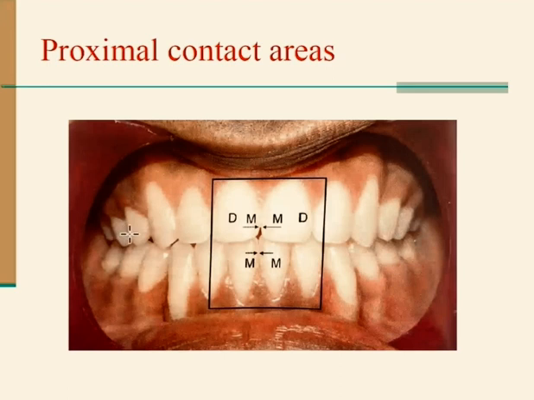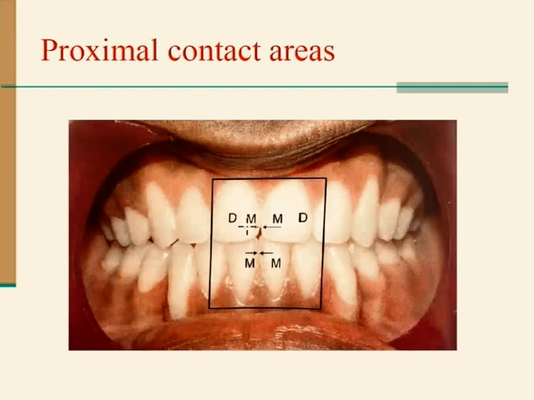As we go to the first molar and the second molar, we will have different contacts. The only tooth that doesn't have contact with an adjacent tooth is the last molar in the jaw. Also the contact is different in the midline because we have the same type of tooth, the mandibular central incisor with the mandibular central incisor, where we have mesial to mesial.